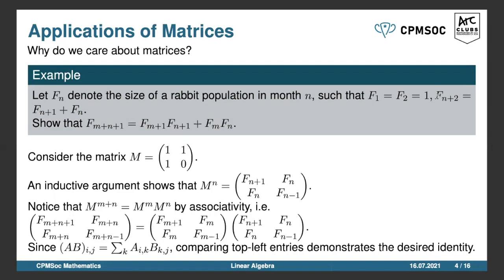And if you think about the Fibonacci sequence, you'll see that each term depends on the previous two terms. So in some sense, you need two different numbers to keep track of where you are in the sequence. It's worth, maybe after this workshop, having a think about how this matrix can be interpreted in terms of this sequence here.